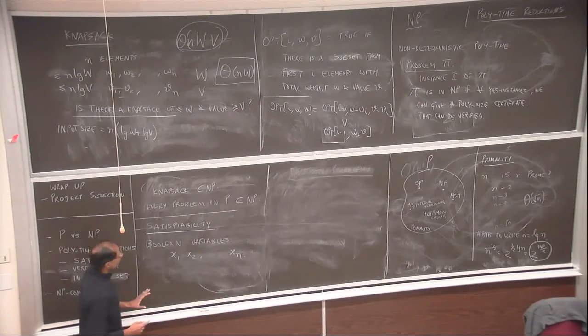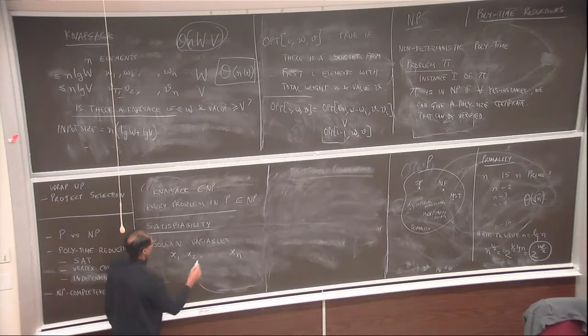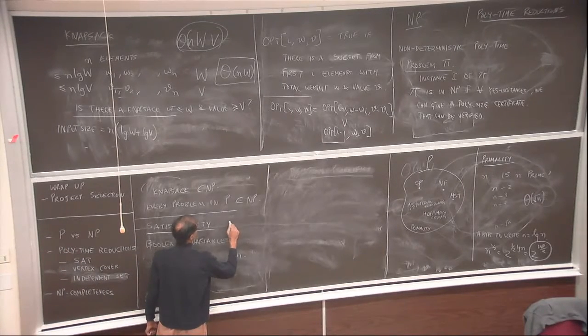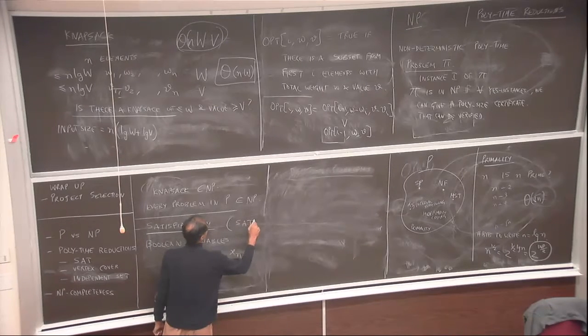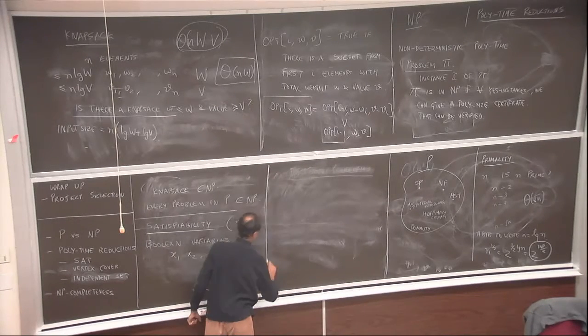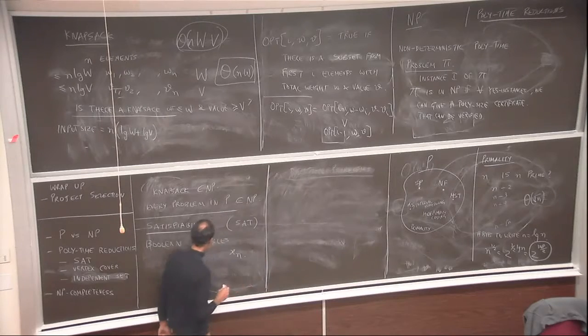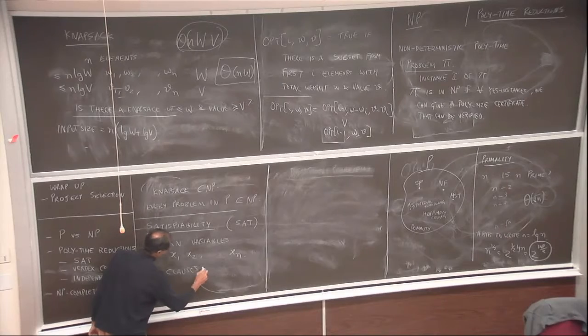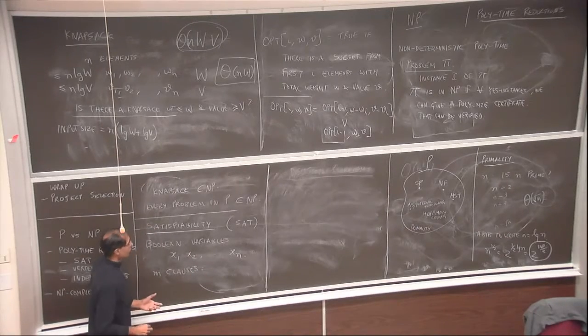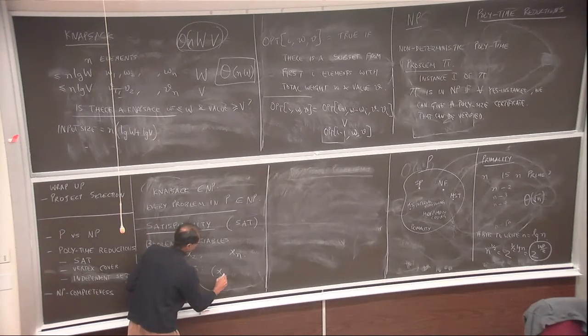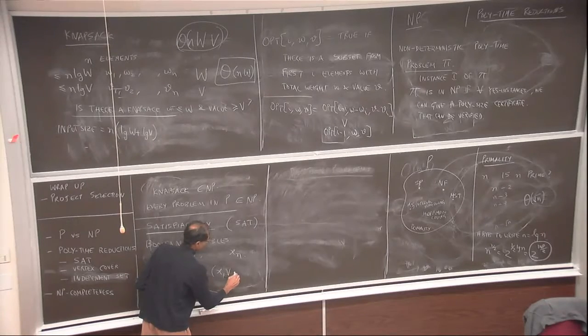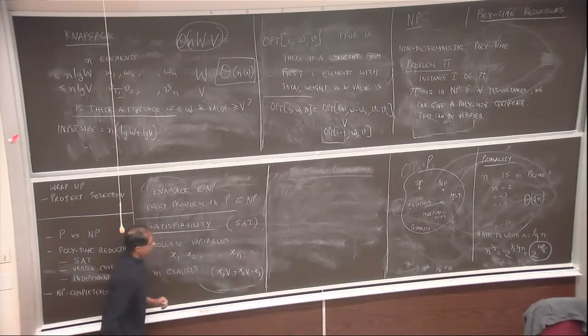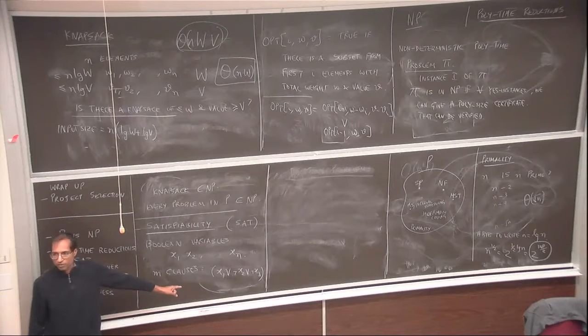Okay. So more precisely, we focus our attention on some kind of format. So we have m clauses. A clause is of the form: variable or another variable or its negation or another variable or its negation. So that's an example of a clause.